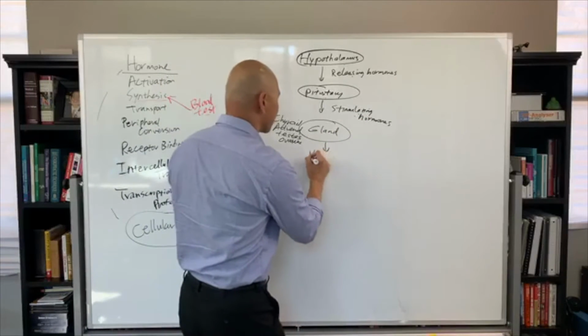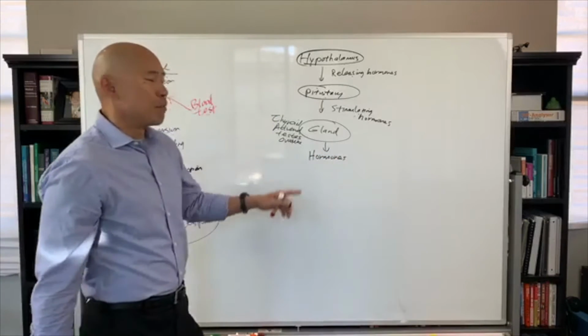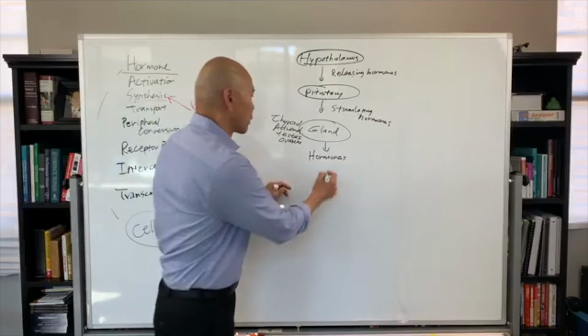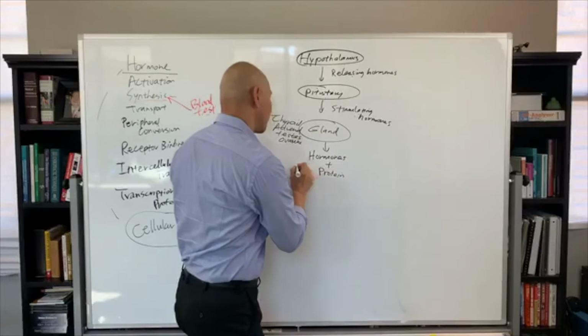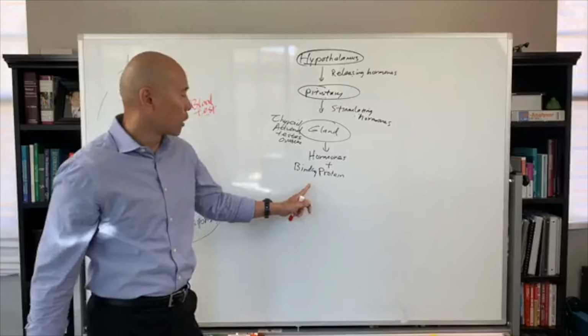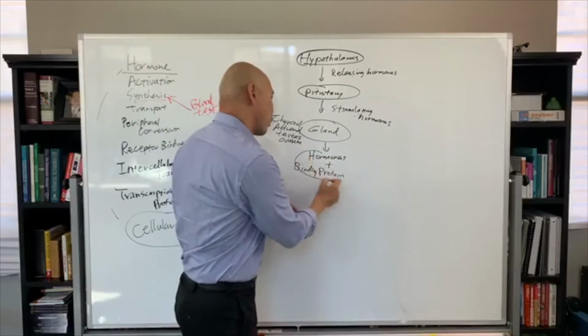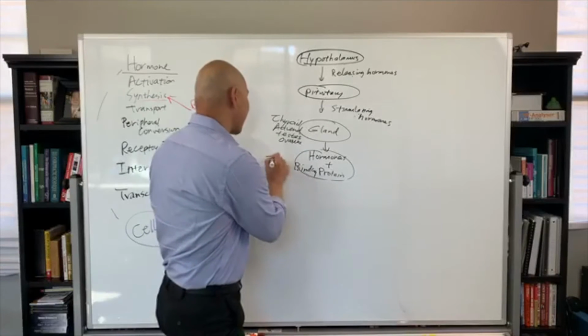So now we have hormones. Now, most of the hormone, once it's produced, is bound to a protein. And this protein is called a binding protein. Why is that important? Because when you have this hormone bound to a binding protein, this hormone becomes inactive.